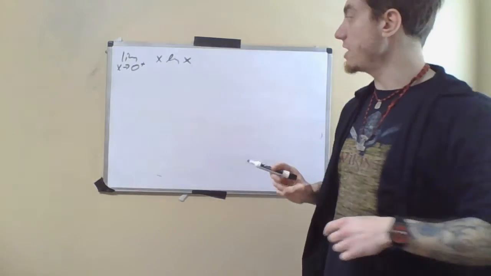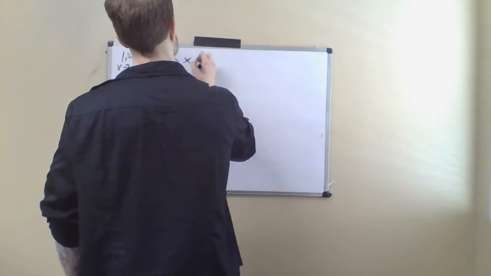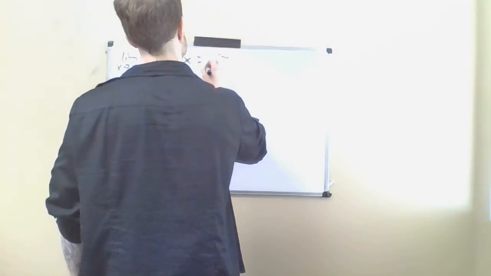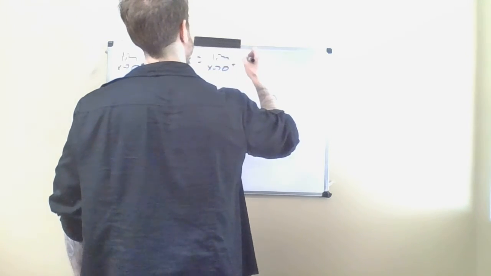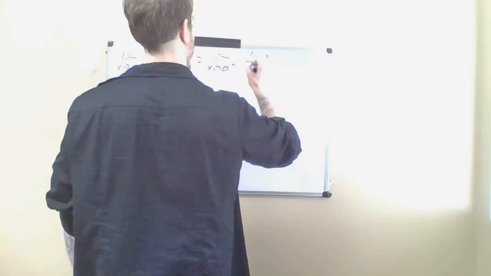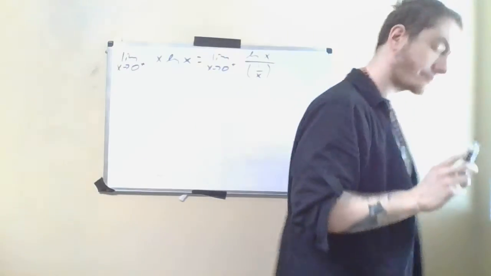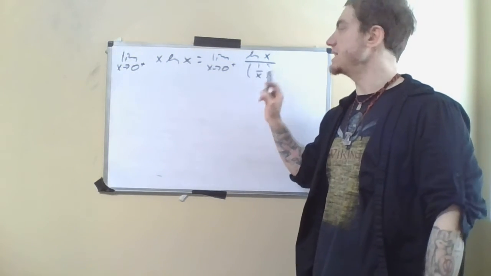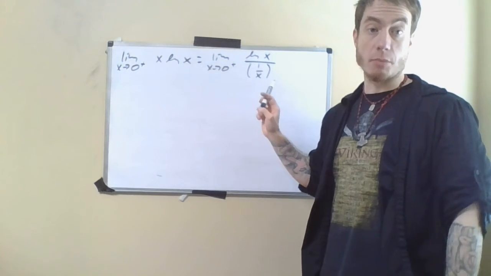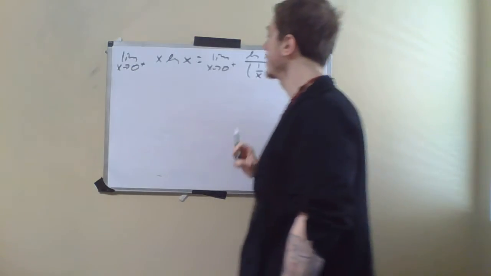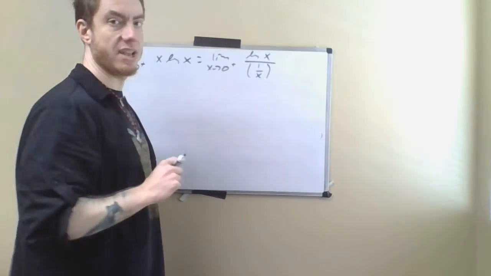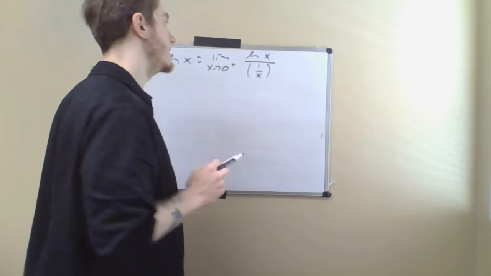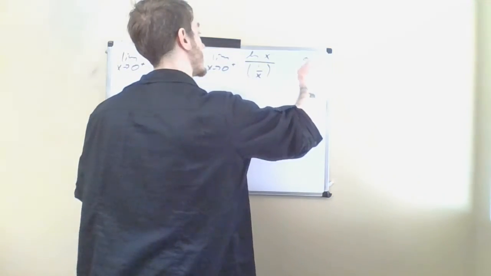Well, in this case, I'm going to think of this as the limit as x approaches 0 from the right of log x over 1 over x. And, well, obviously this is an indeterminate form. These are both blowing up to infinity. Technically, log is going to negative infinity, but we are indeed in infinity over infinity form.